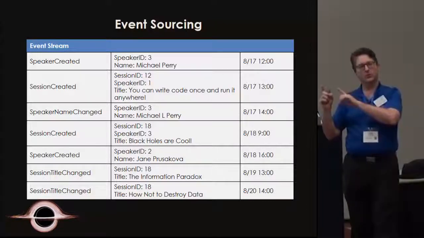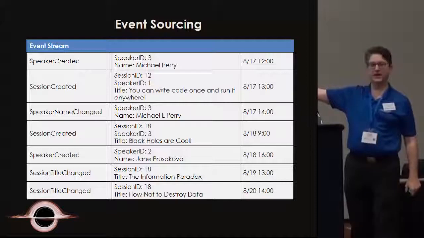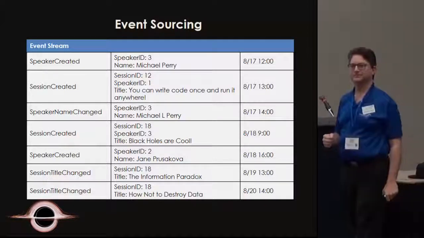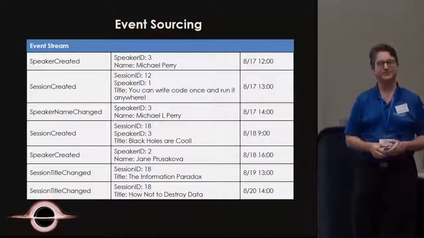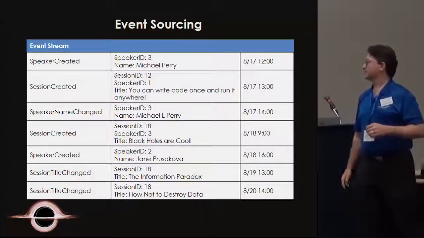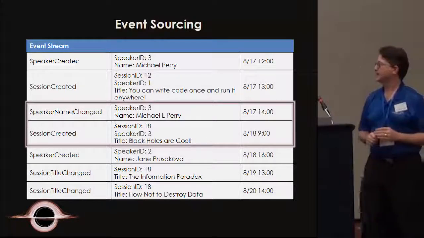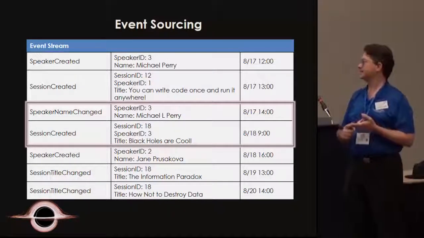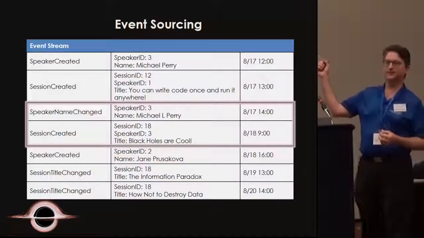So that means the order matters. What if the last two happened in the reverse order? You'd end up with a talk called the information paradox. So the order between those two matters. Take a look at these two. I've got the speaker name changed and session created, both related to speaker ID 3.